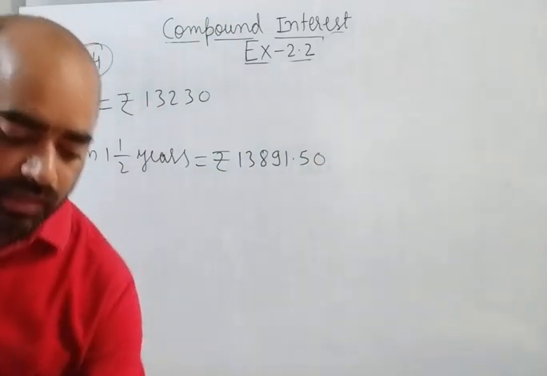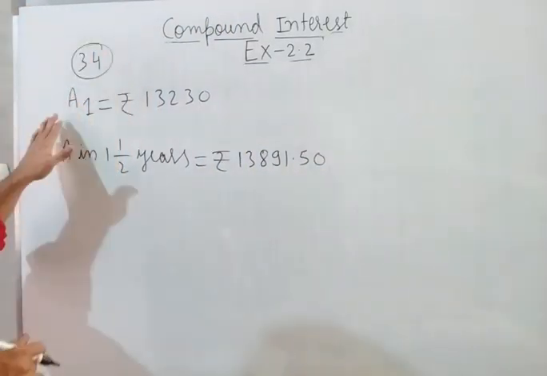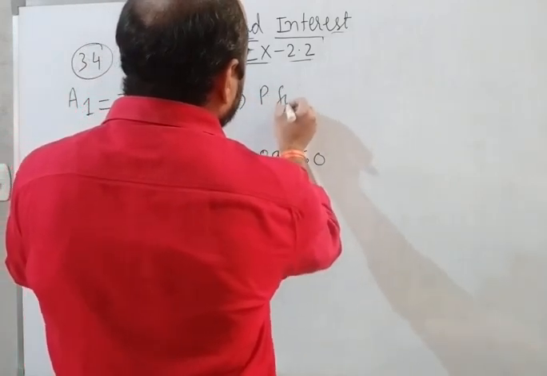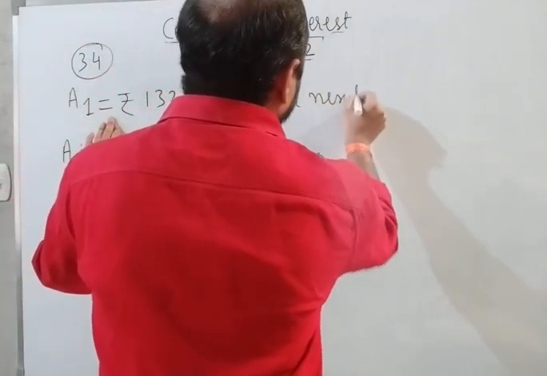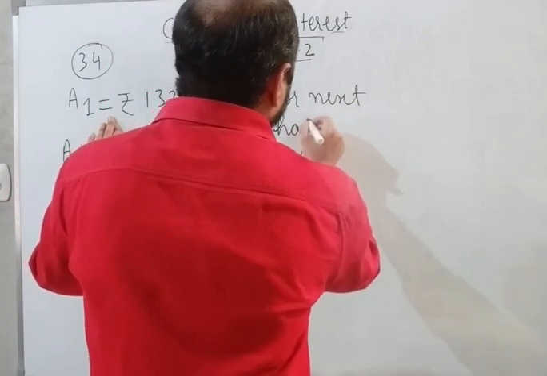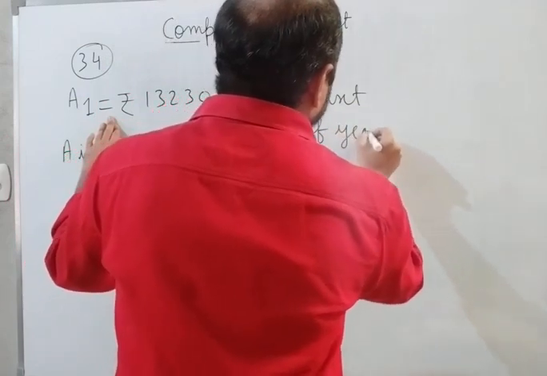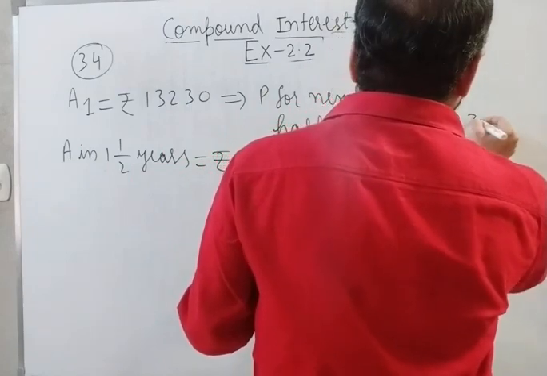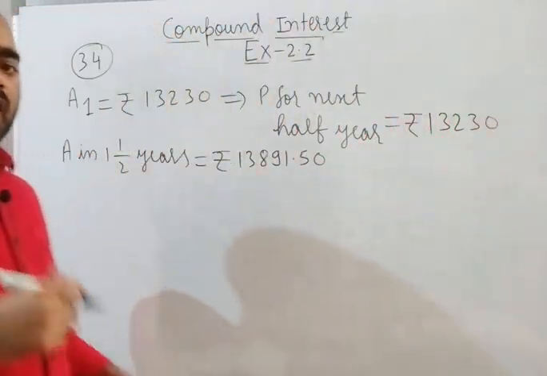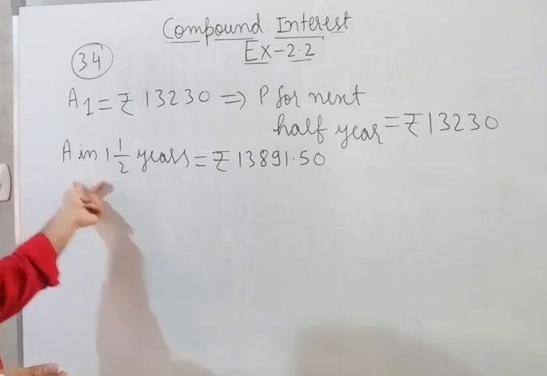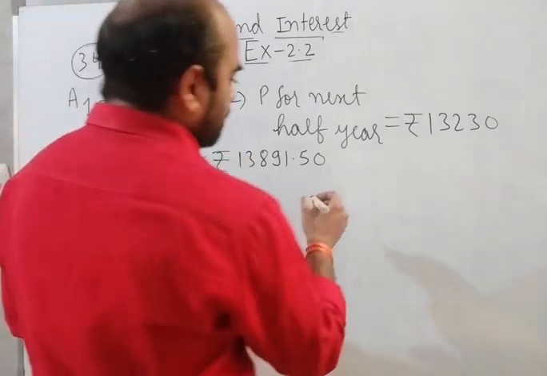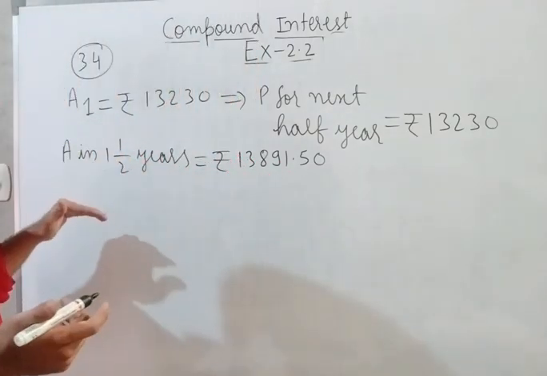Okay. So if this is the amount after 1 year, it means this is the principal for next half year, correct? This is the principal for next half year, that is 13230, and amount at the end of 1.5 years is also given, correct?